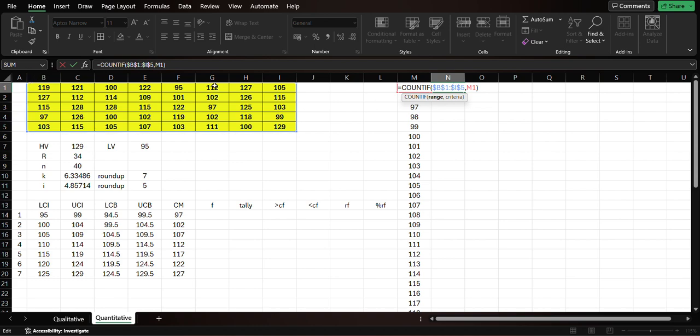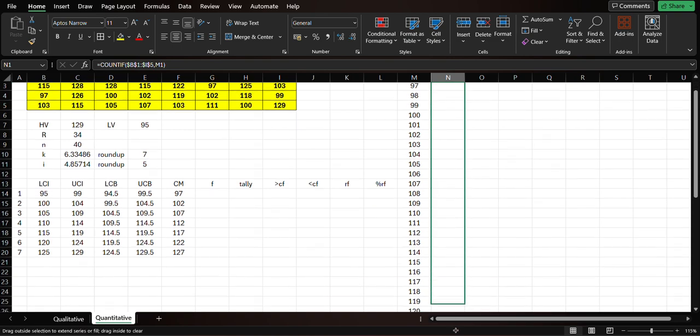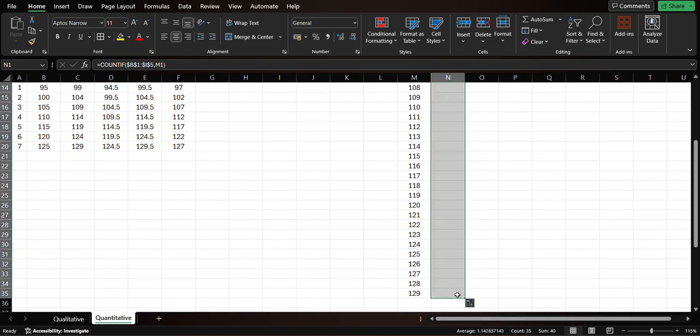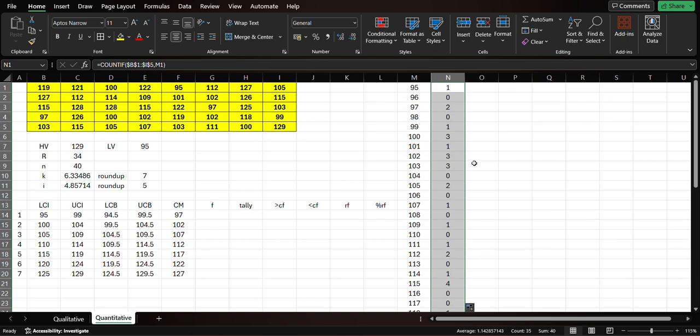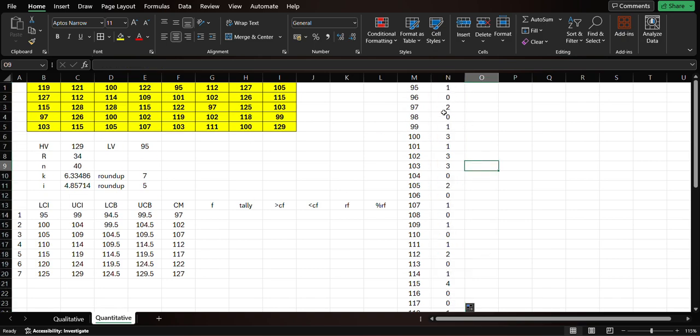All right. Again, we're going to put a dollar sign for our range, so that this blue range would not move once we copy and paste. Now, after copy pasting, these values on N would give us an idea how many 95 are there in your data, how many 96, how many 97, and so on and so forth.